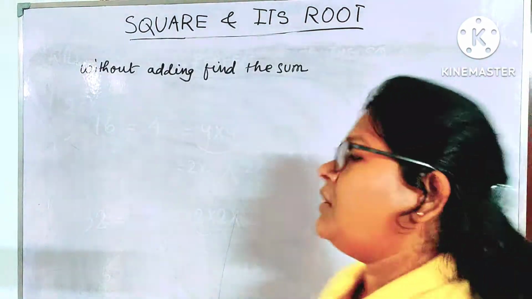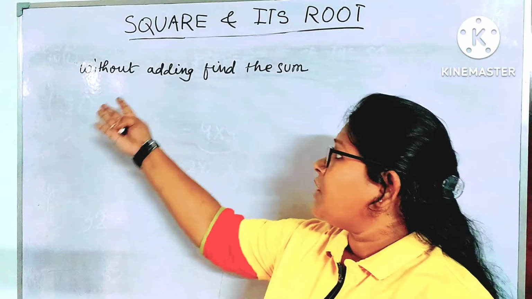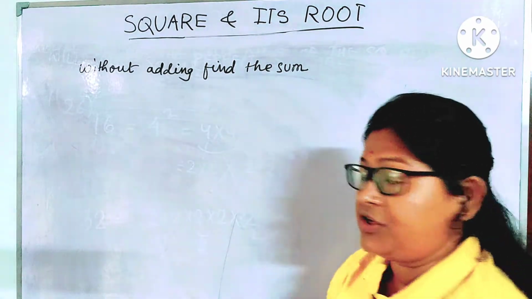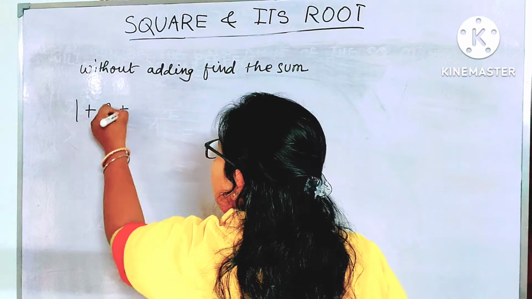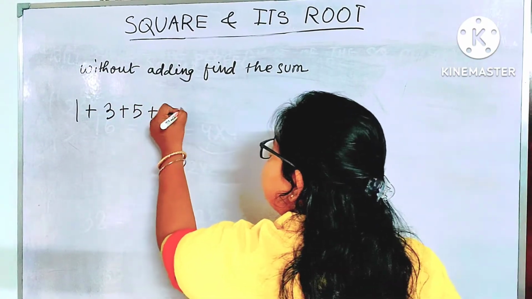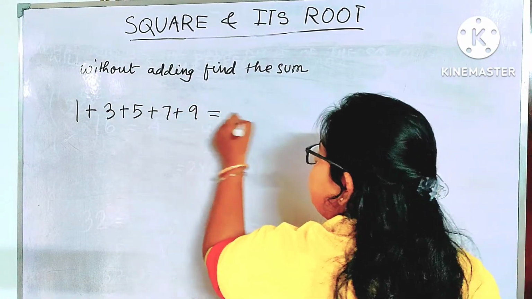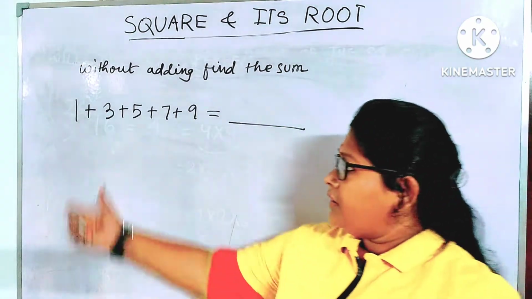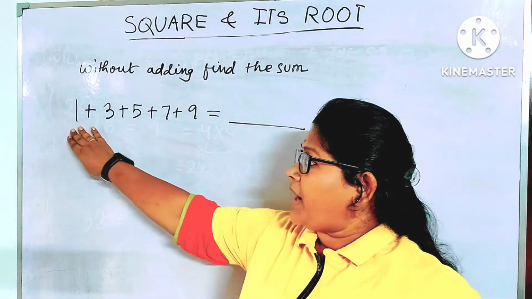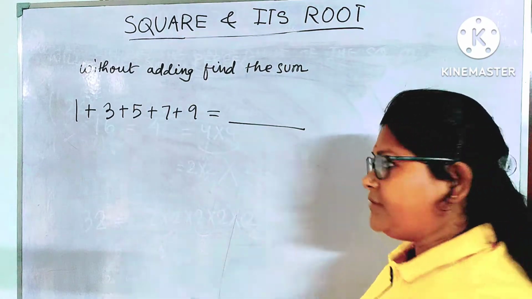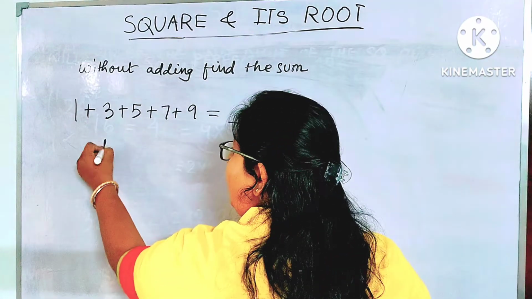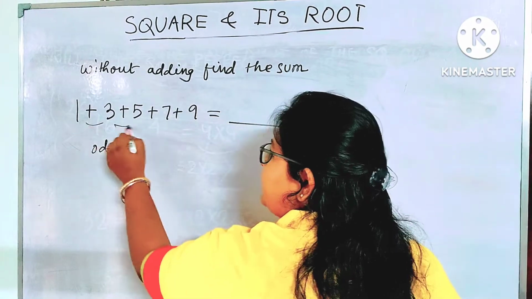My next topic is, without adding, how can I actually find the sum? Note down the sum. 1 plus 3 plus 5 plus 7 plus 9. Look at the series. 1, 3, 5, 7, 9. What is the first criteria? It is odd. What is the second criteria?